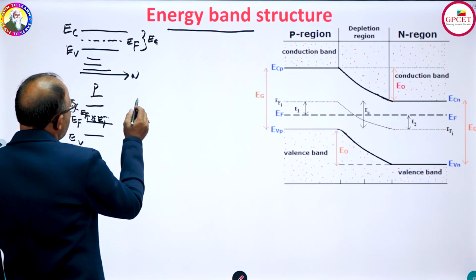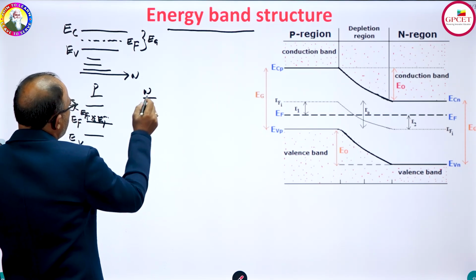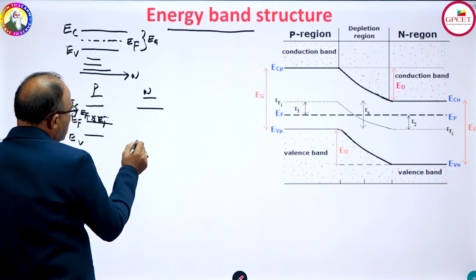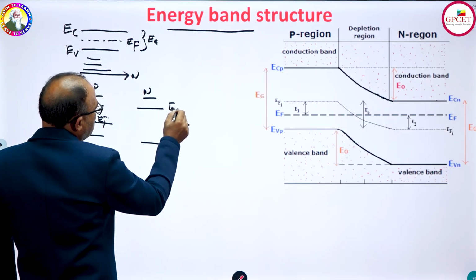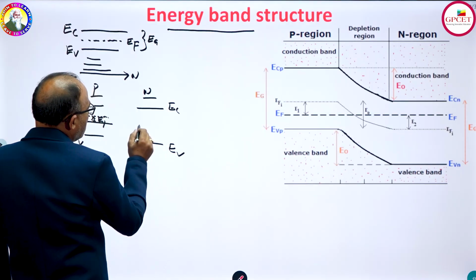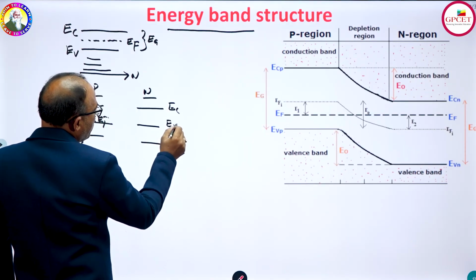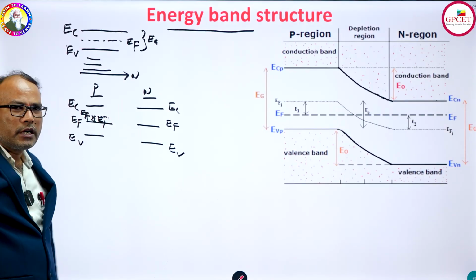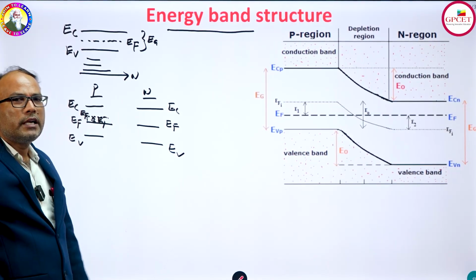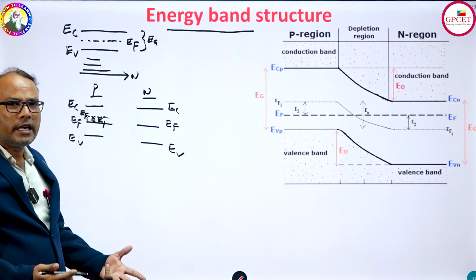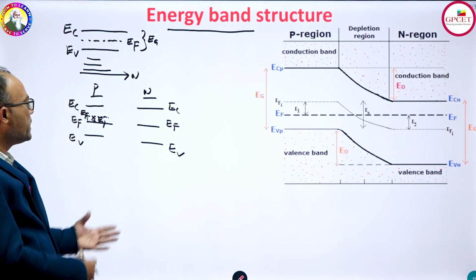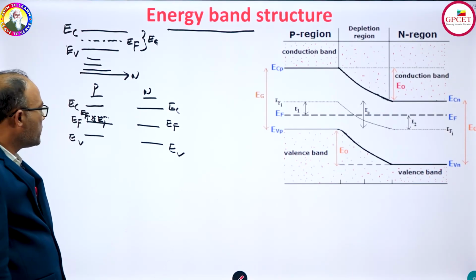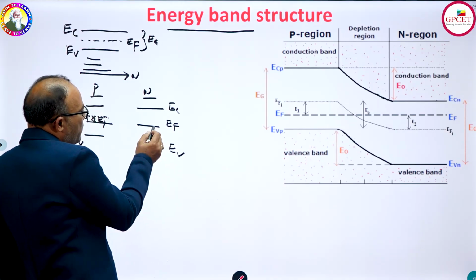Similarly, if it is an n-type semiconductor, originally the conduction band is here and the valency band here. This is EC and this is EV, and the Fermi level is lying at the center point in an intrinsic semiconductor. Now, if it is doped n-type with pentavalent impurities like phosphorus, arsenic, antimony and bismuth, what happens to the energy level EF?